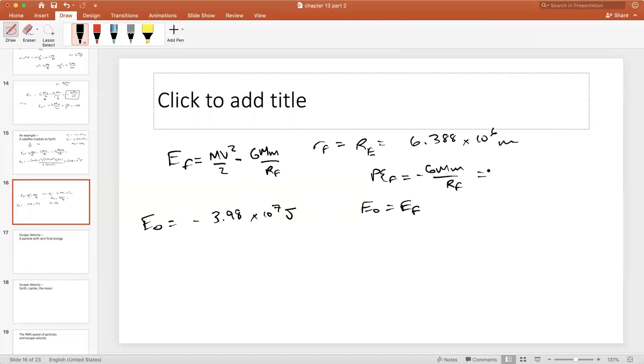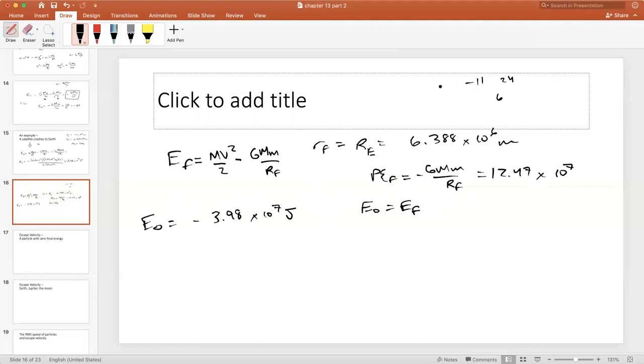And I get 12.47 times 10 to the 7. That seems wrong, so this is minus 11, 24 over 6.